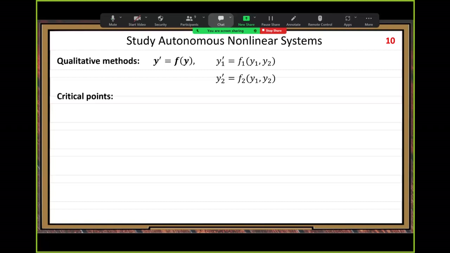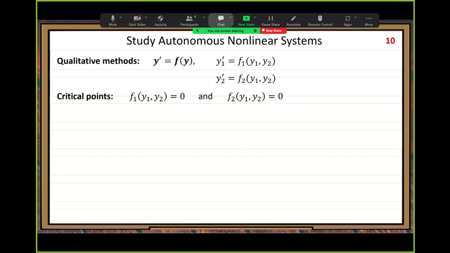For an autonomous nonlinear ODE, F1 and F2 could be very complicated, not necessarily linear. So how do you find the critical point? You find where F1 equals 0 and F2 equals 0, both equal 0, because y1 derivative over y2 derivative would be 0 over 0, which is not defined.